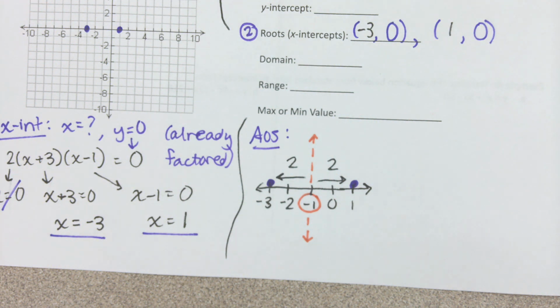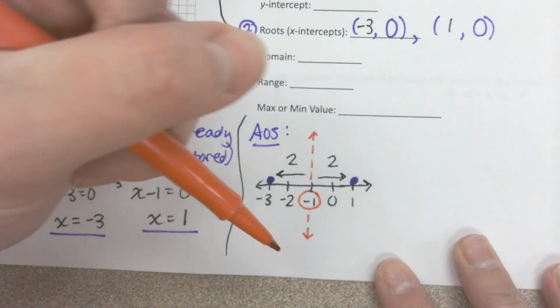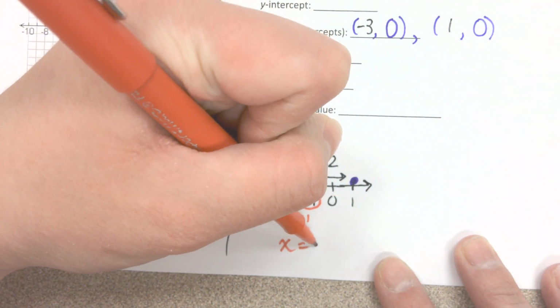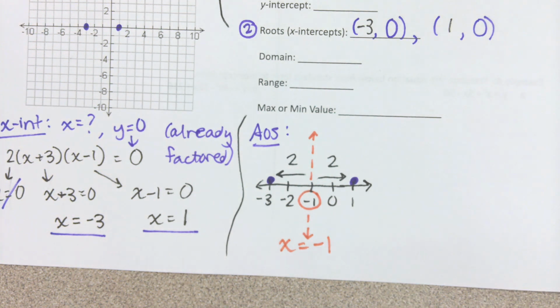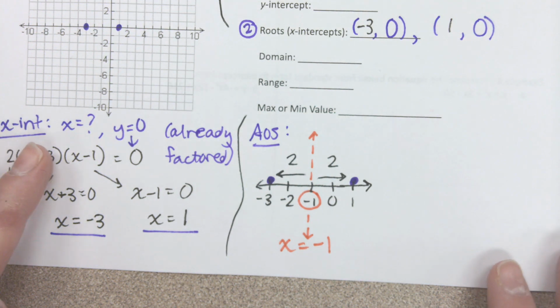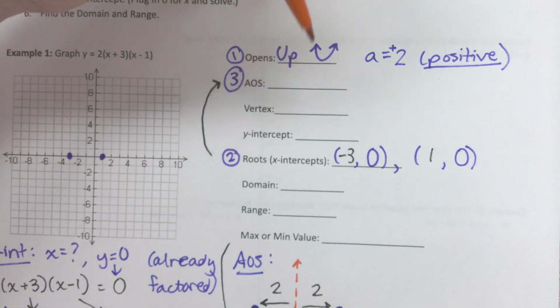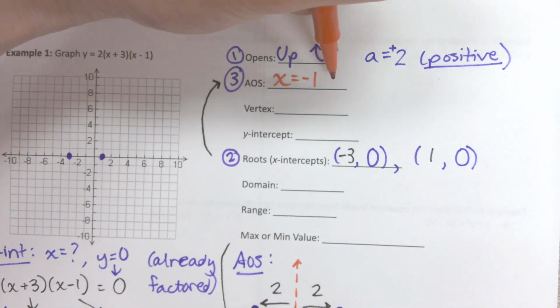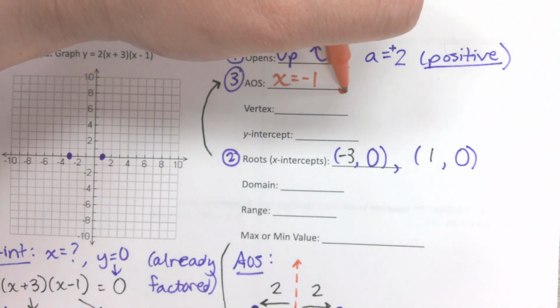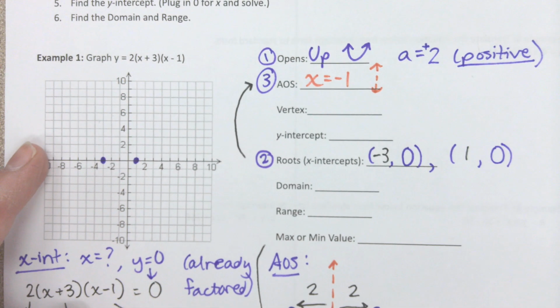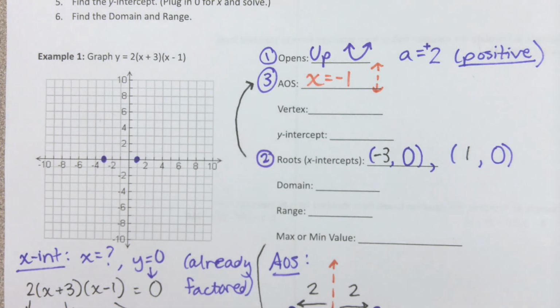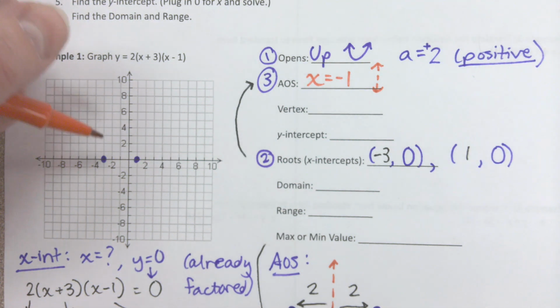So you'll pick a different number and test it. But we have found the correct number. So our AOS is x equals -1. And that's how we'll write it up here in the blank. And don't forget to also put it on the physical graph. So we're going to do that.